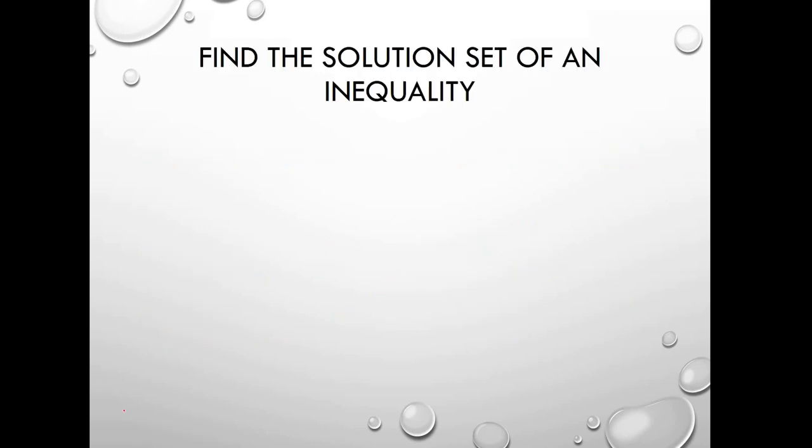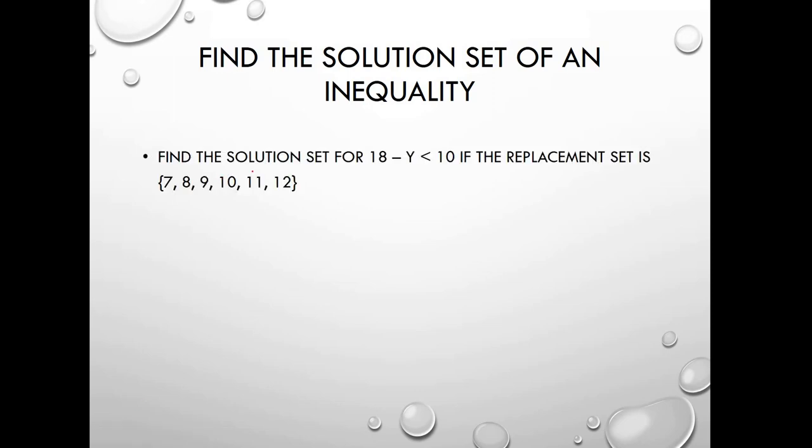So what if we want to find the solution set of an inequality? So here's another example. Find the solution set for 18 minus y is less than 10. I'm going to rewrite that. If the replacement set is these numbers. So let's first solve the inequality. Subtract 18 from both sides, so negative y is less than -8.